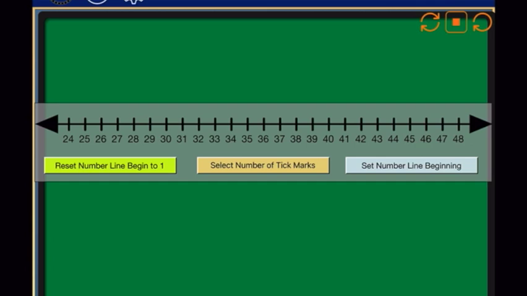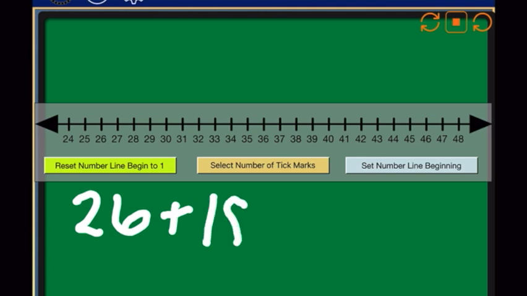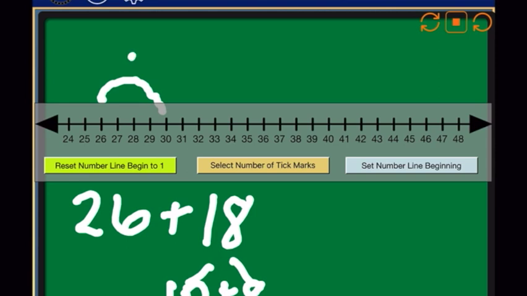So similar to what we did, 26 plus 18. I know 18 is 10 plus 8, and I know that with the rule of doubles, 4 plus 4 is 8. So I can use my first 4 to get to the next 10.